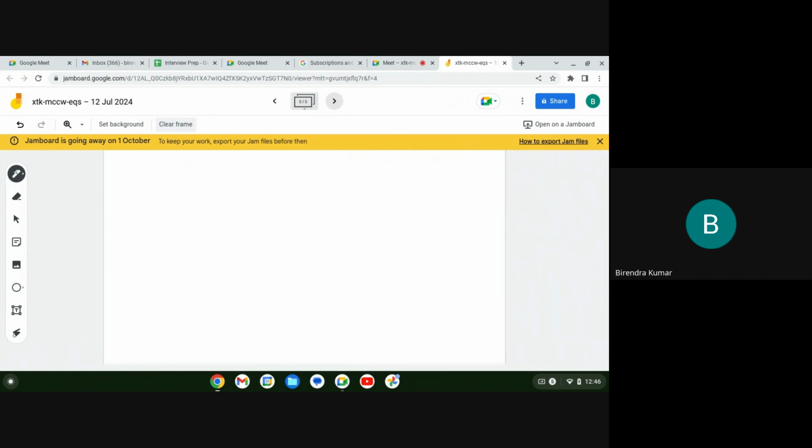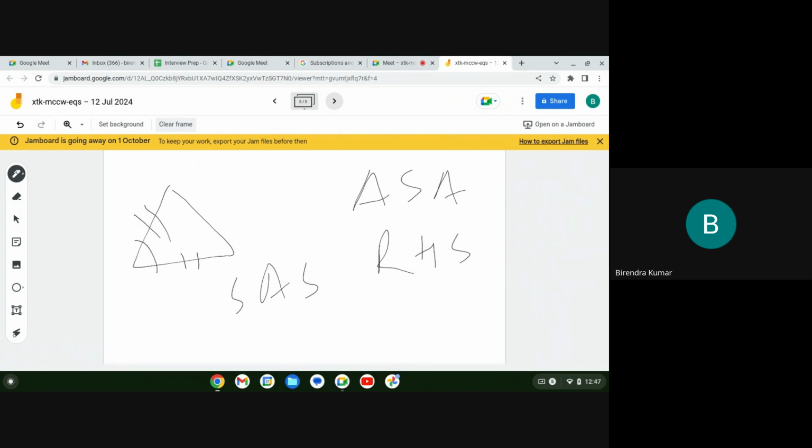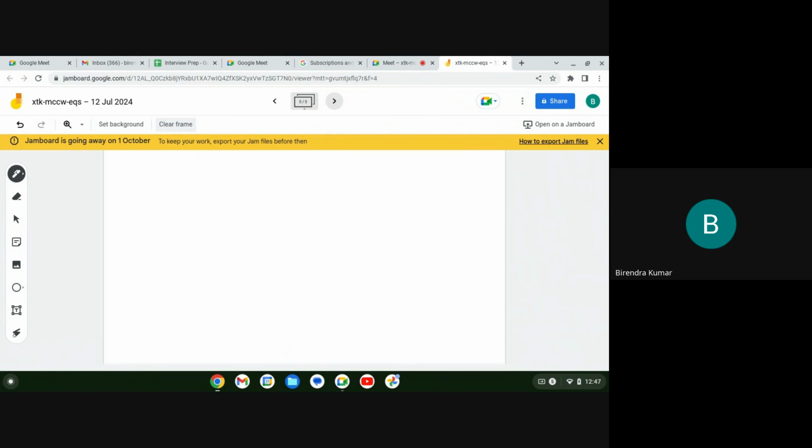There are two more theorems. One is called ASA and the other one is called RHS. When we looked at SAS, we looked at two sides and the angle between them. When we look at ASA, we look at two angles and the side between them.